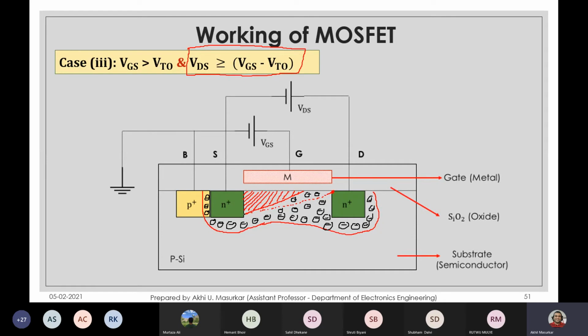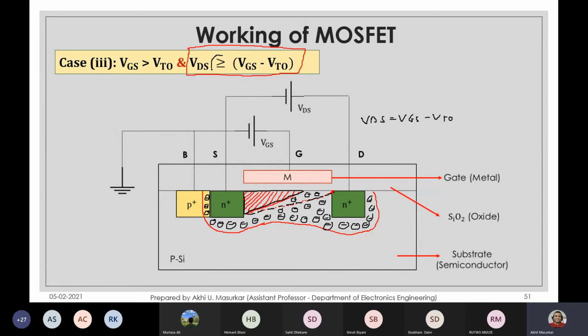I am showing a channel here, which is pinched off, and this dotted line actually represents a condition when VDS is equal to VGS minus VTO.